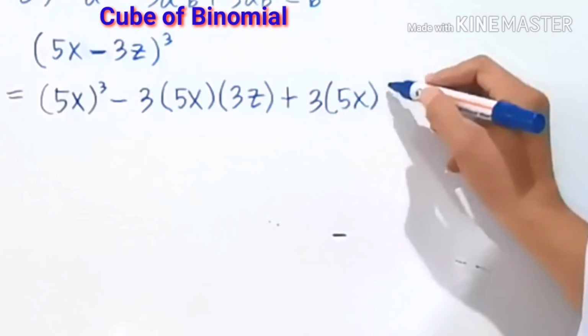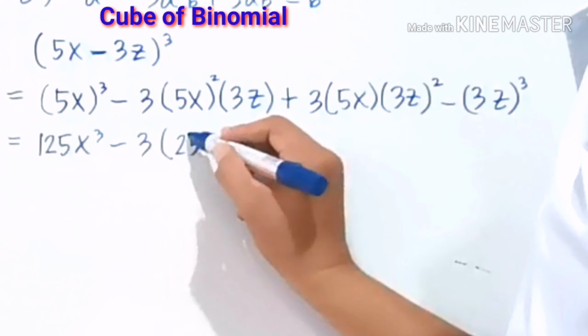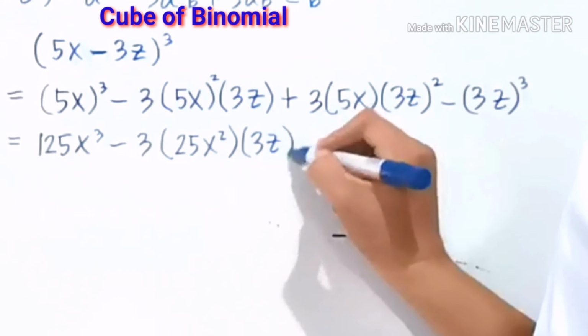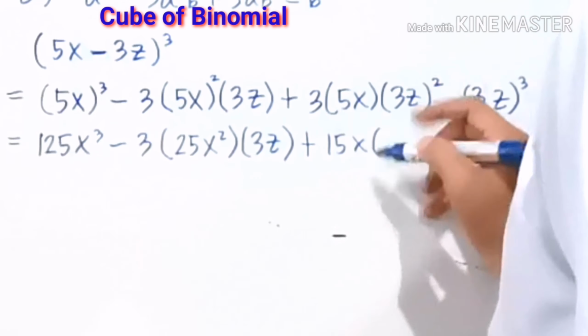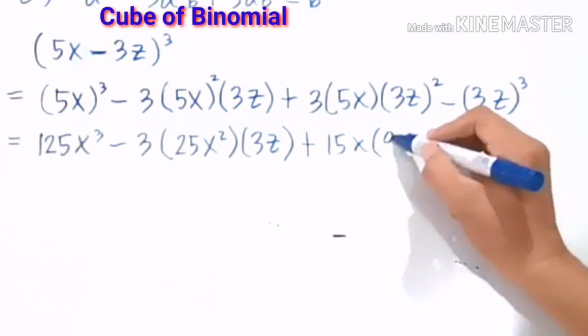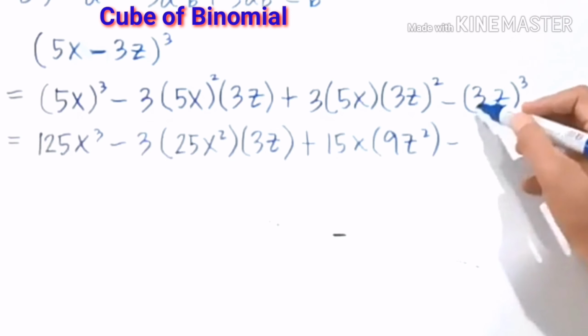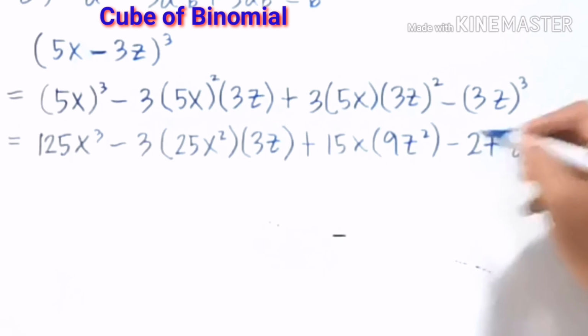So we have 5x cubed minus 3, simplify this one, which is 25x squared, rewrite 3z, then we have to multiply by 15x, simplify this according to its exponent, 9z squared, minus the cube of 3, which is 27z cubed.